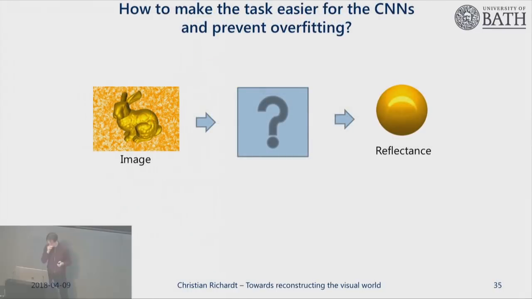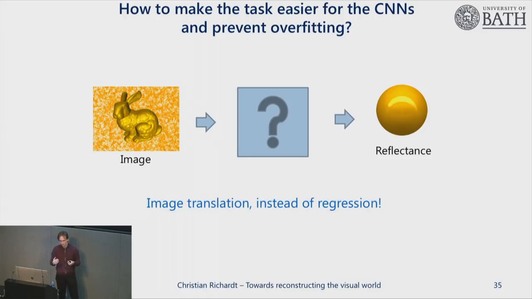So how do we do this? How do we make this task easier for CNNs, but also prevent this overfitting that previous techniques had, that overfit to a particular class of objects like cars? We want to make it as general as possible. So what we're using here is an approach based on image translation instead of regression. So we're not learning directly the model parameters from the input, because that is quite a complex transformation, actually.